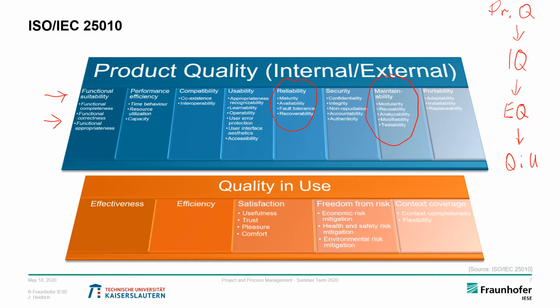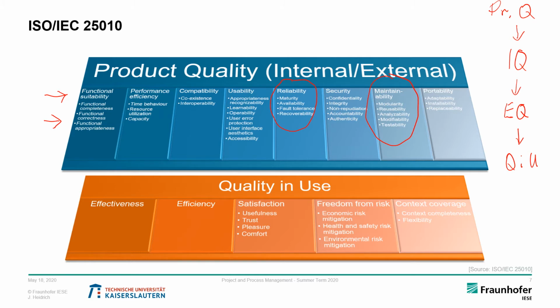So how mature the software is, the extent to which it is available, things like uptime of the software, whether for some reliability reasons it has some issues from time to time and is not running. So that can be a metric in this area.